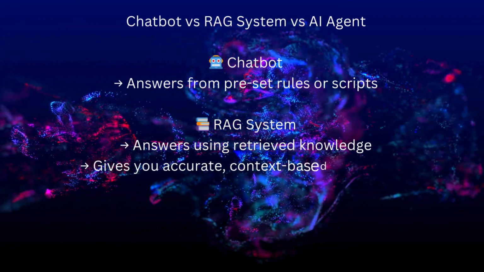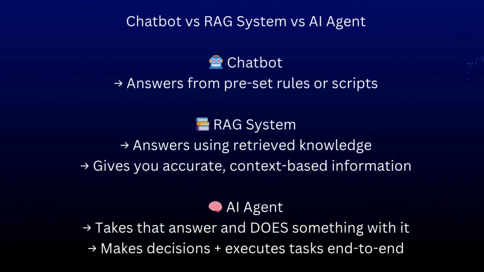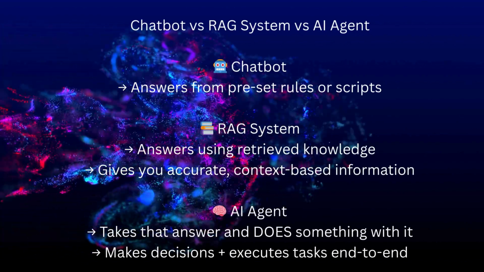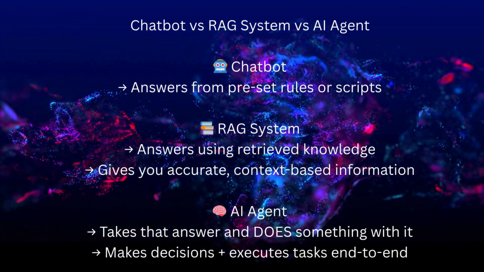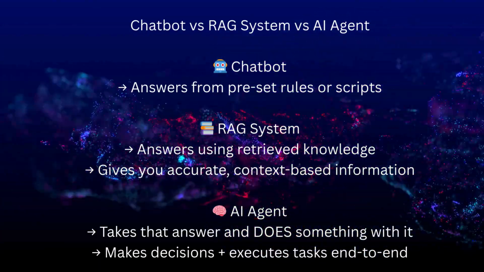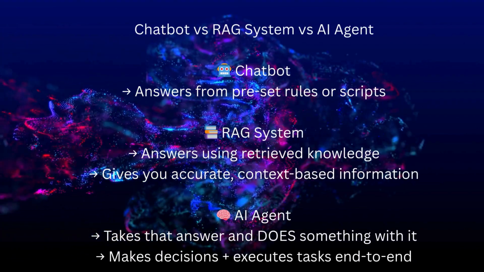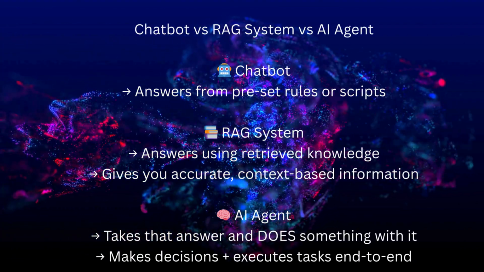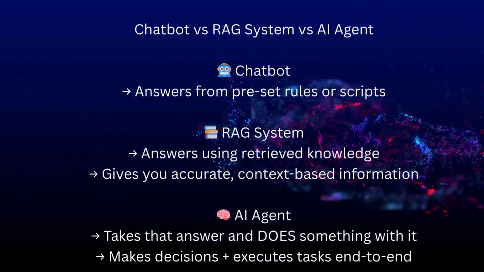But an AI agent goes one step further. It does not just retrieve an answer. It acts. It coordinates steps, uses tools, makes decisions, and completes tasks from start to finish. Think of it like the difference between someone telling you what to do versus someone actually doing it for you.